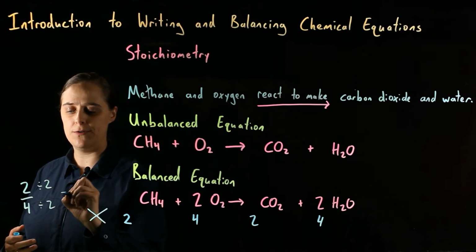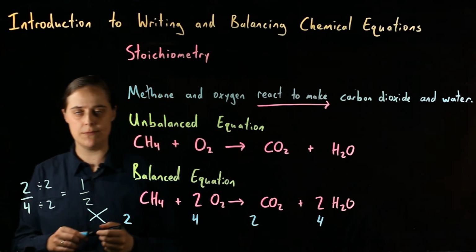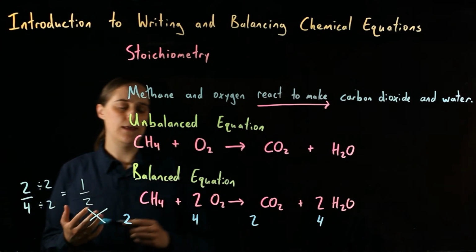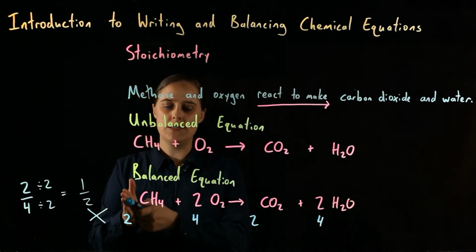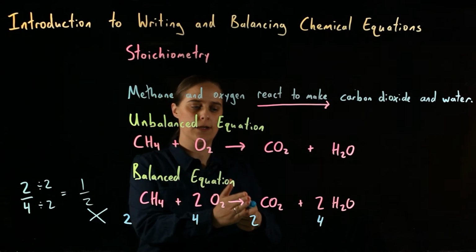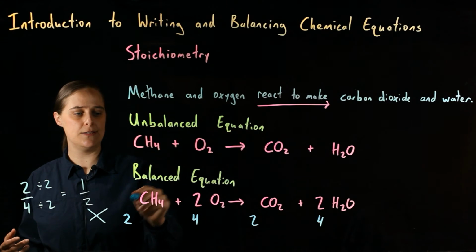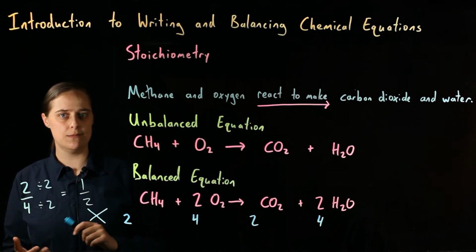You can reduce the fraction to 1 over 2. It is that same sort of concept. You need the smallest possible whole numbers. And again, similar example, you do not want 0.5 and 1. There is only going to be 1 correct answer for what these coefficients are, and that is their smallest possible whole numbers.